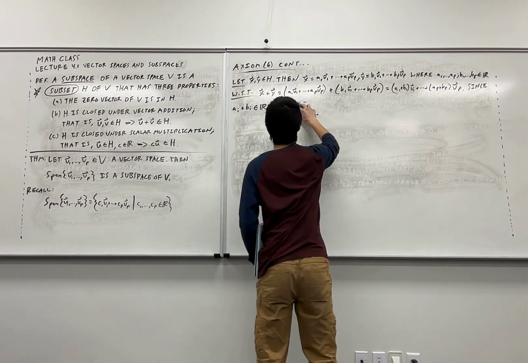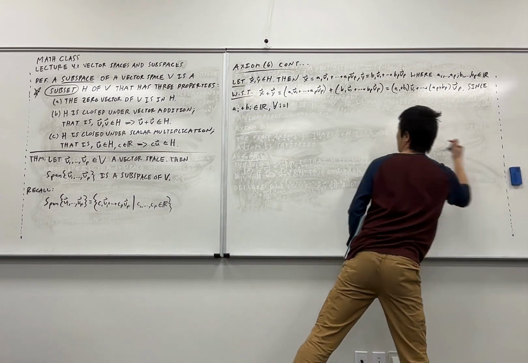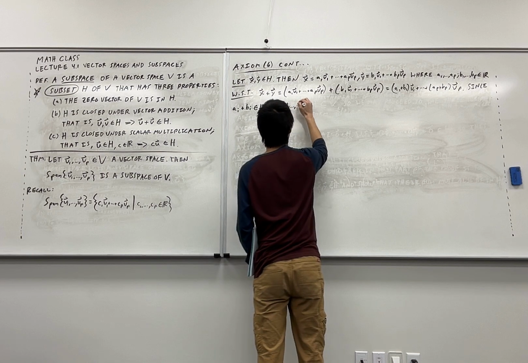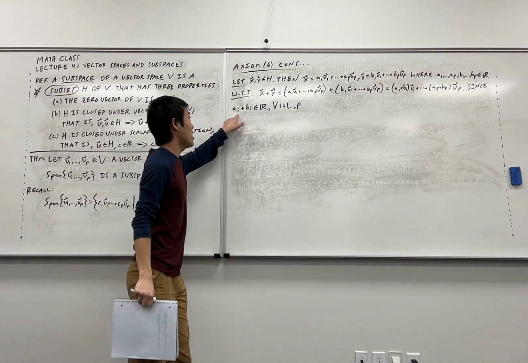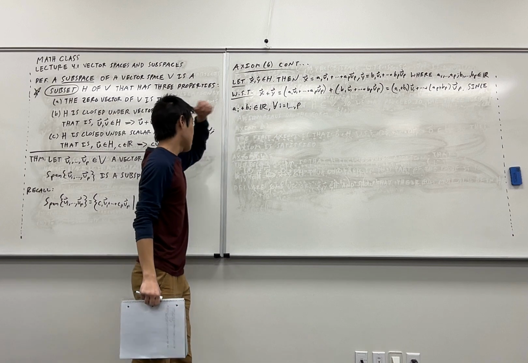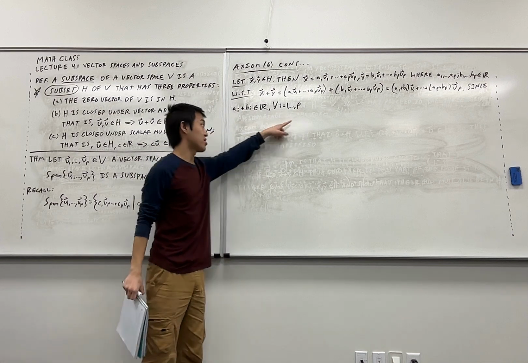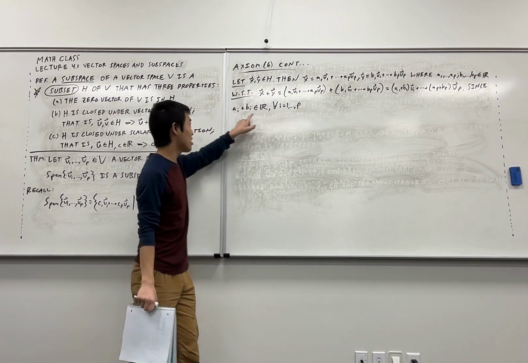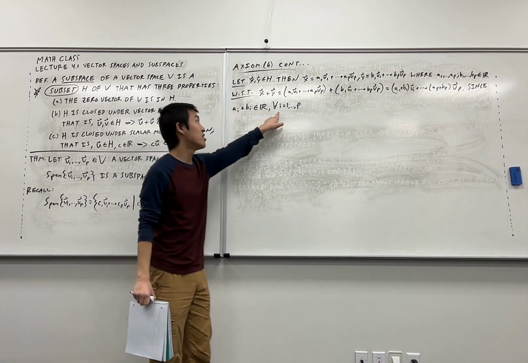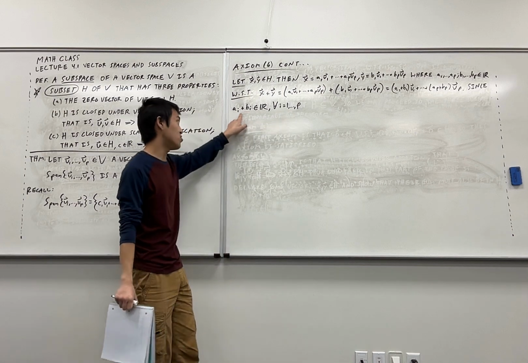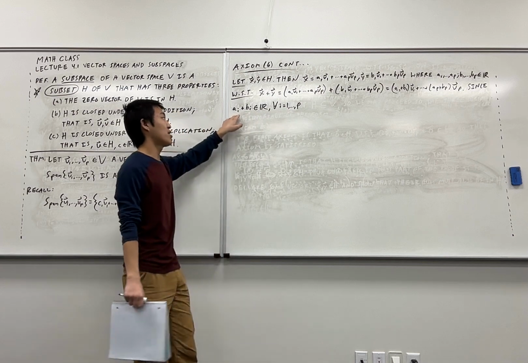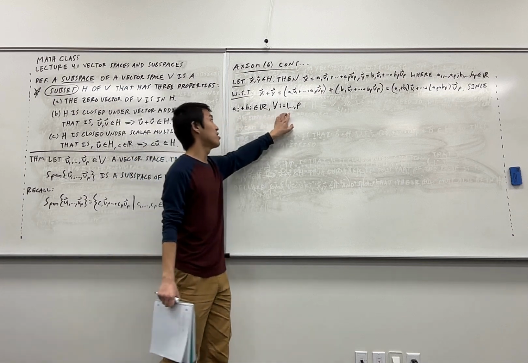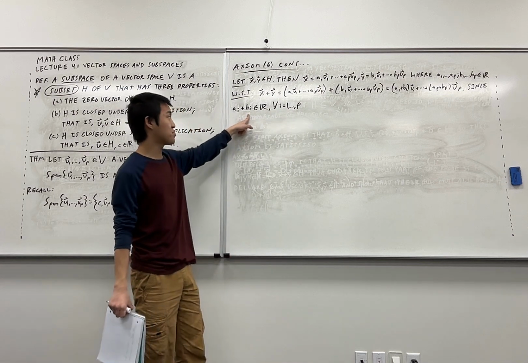I'll just put 1 through p. So all this notation is saying is that AI plus BI is a scalar for all of the i's 1 through p. So if I was equal to 1, then this would be A1 plus B1. Then I goes to 2, so A2 plus B2 is also just a scalar. For 3, A3 plus B3 is also just a scalar. Up to P, AP plus BP is just a scalar.